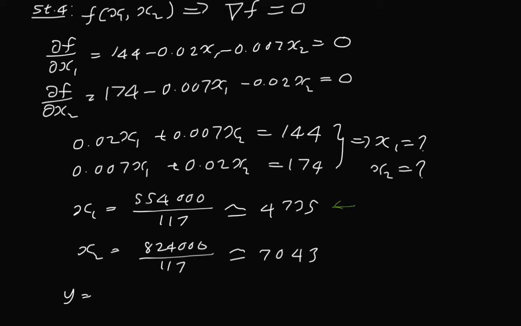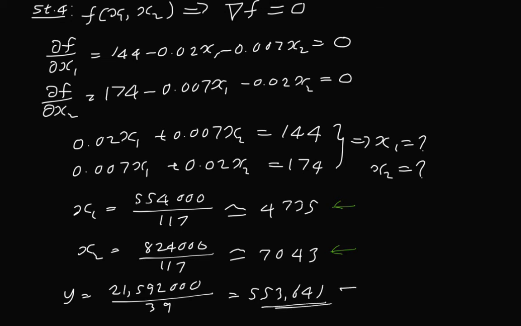Just plug this value and this value into the equation of f(x1, x2), then you will get 21,592,000 divided by 39, which equals 553,641. Okay, so this is the maximum value. So this is the maximum profit: 553,641.